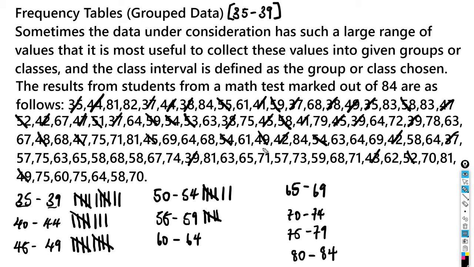And then, looking for some more. Let's look in order, guys, and you should be okay. 55 to 59. 58 here, so that's 6. 57, so that's 7. 58, so that's 8.